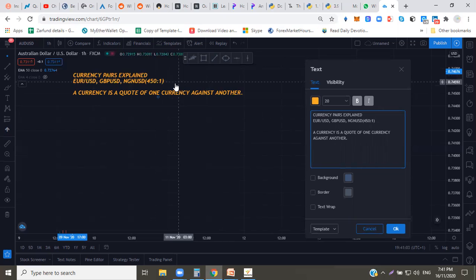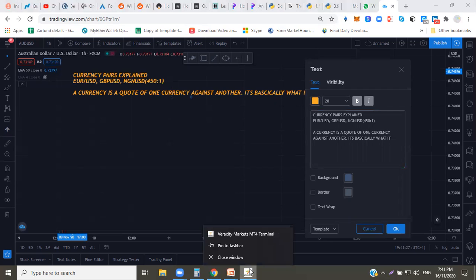You are quoting one currency against another. So it's basically the amount, what it will cost you in one currency to buy another.